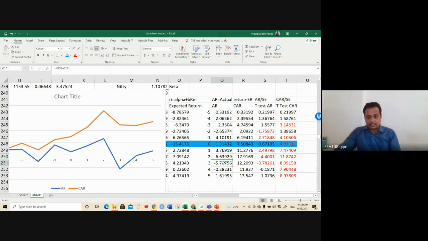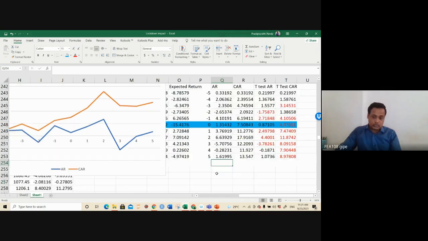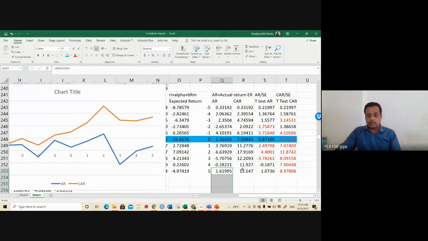Then suddenly it has come down by 5% and 0.28, then up by 1.61. Now this is indicating we should check a 10 days window also, plus minus 10. What is happening further?